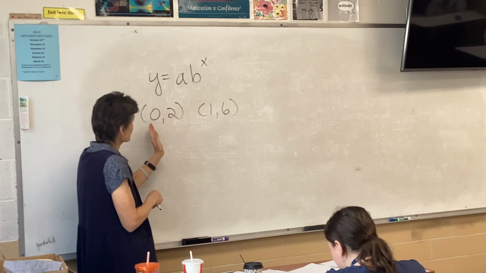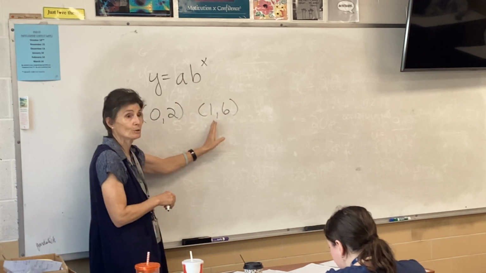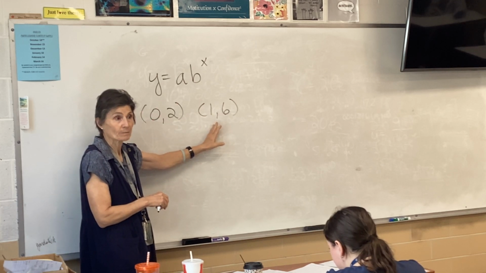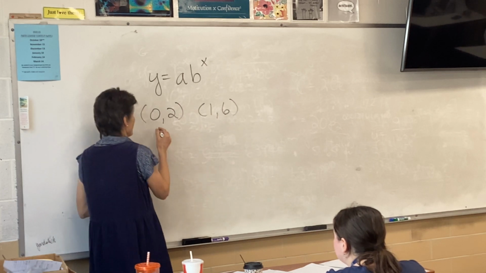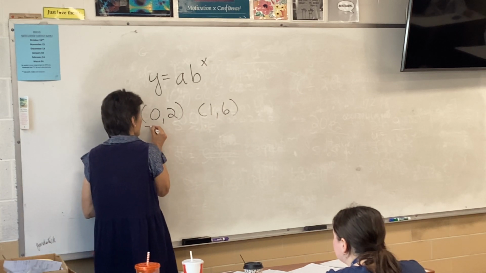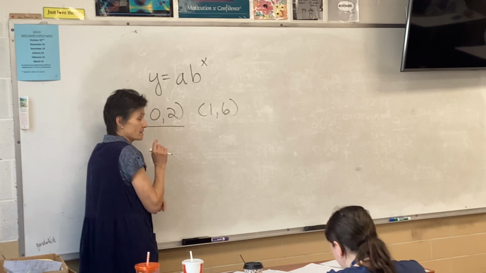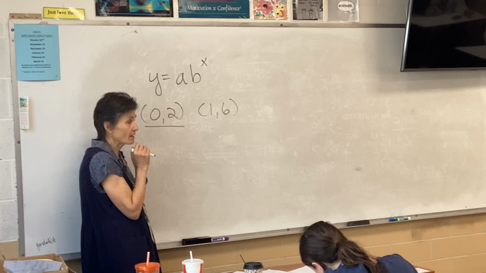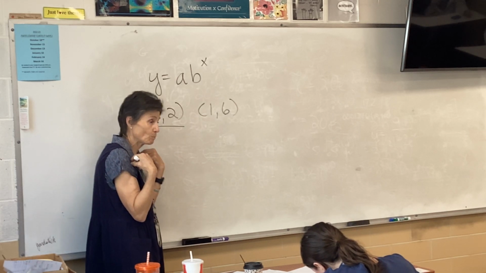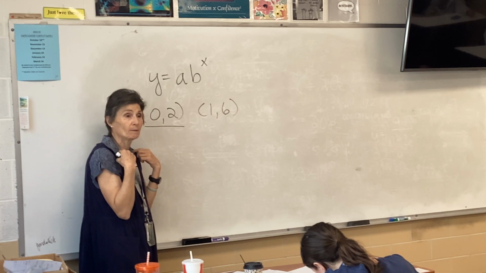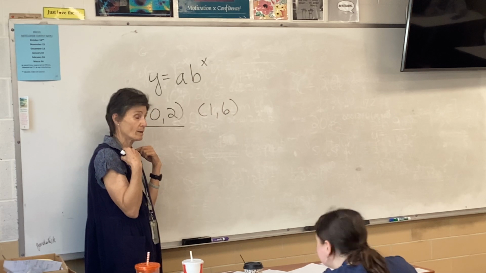But the curve has to go through these 2 points. Now, I want you to start with the point that has a 0 in it. I promise you're always going to have one. If I'm writing a problem, one of the points has a 0.